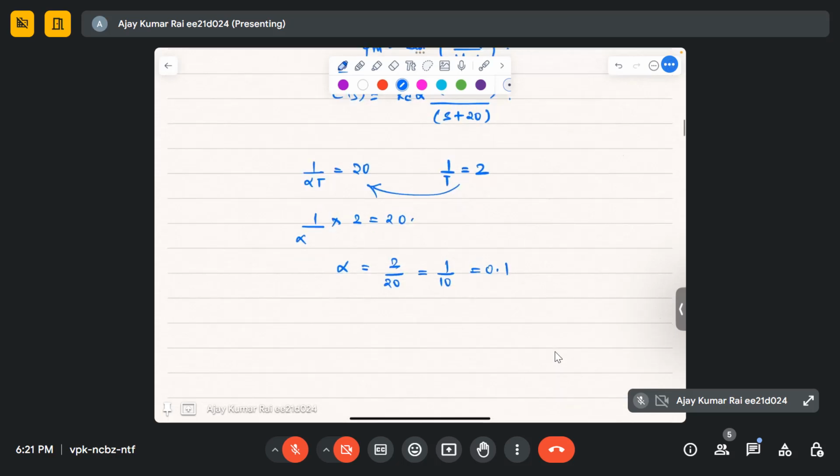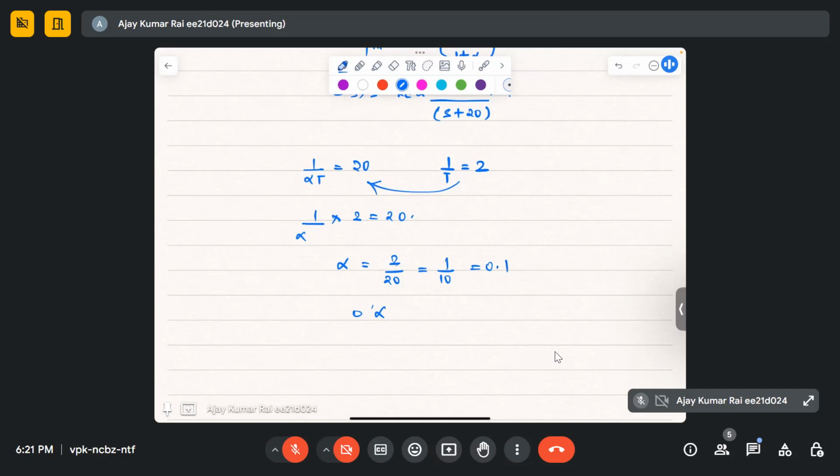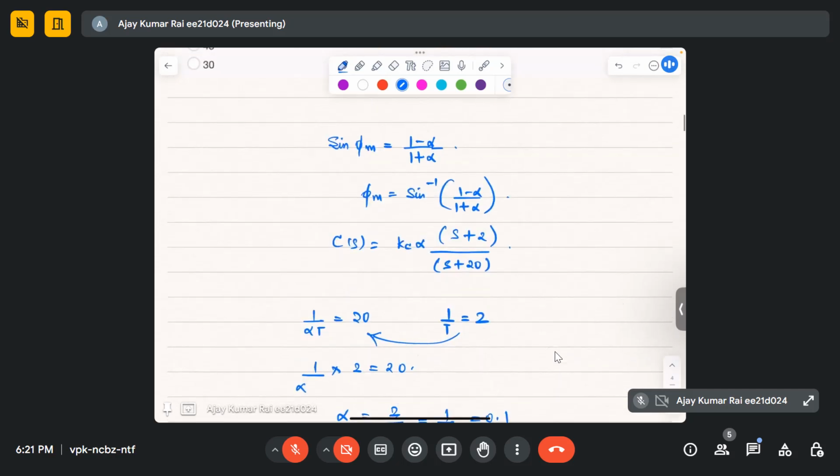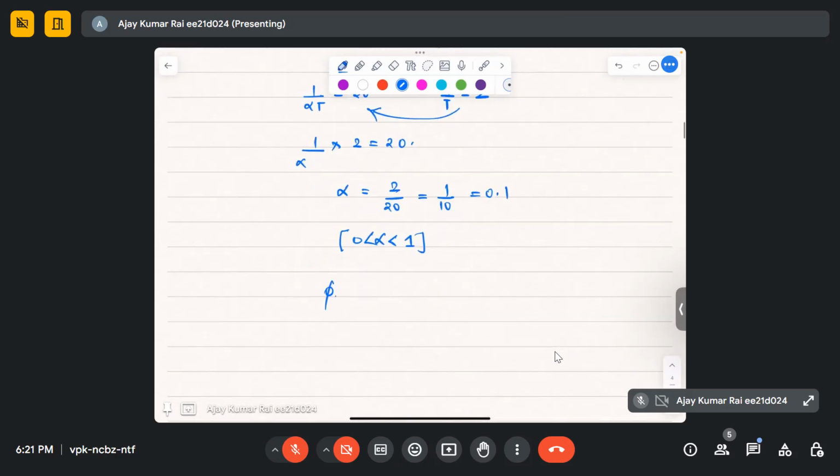We also know this is correct because alpha is between 0 and 1. So alpha is 0.1. Let's find out the maximum phase. Please find out this.